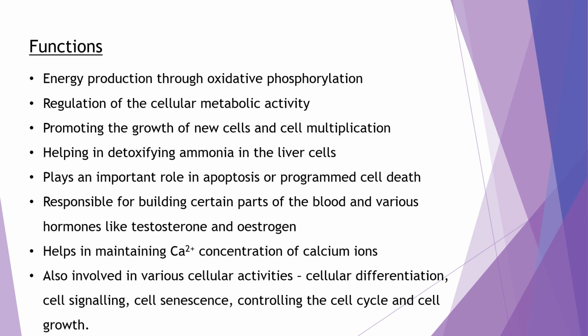And liver cells are highly populated with mitochondria for this purpose of detoxification. And mitochondria majorly helps in detoxifying ammonia. Also, mitochondria plays an important role in apoptosis or programmed cell death. As I told you, mitochondria can stop producing energy if it wants to kill the cell. It's that simple.